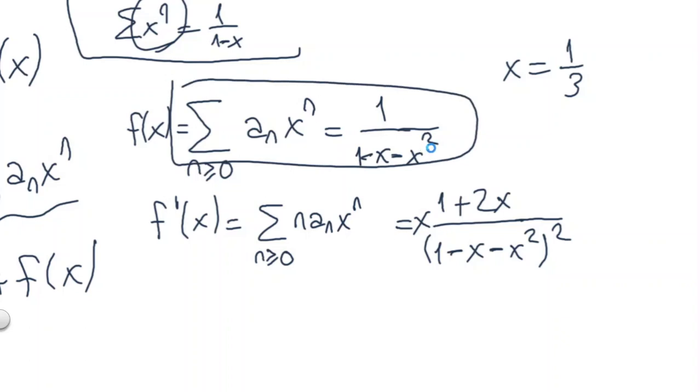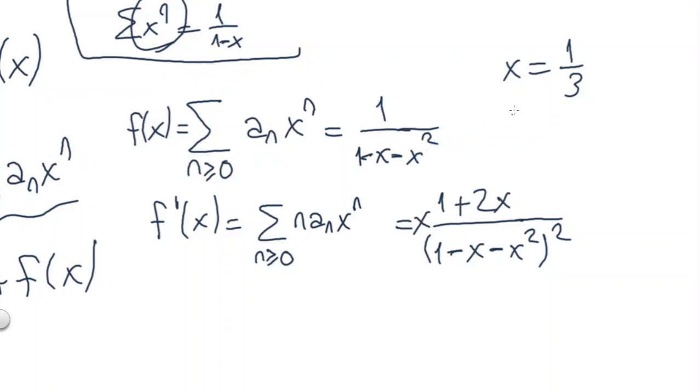When will this be convergent? Well, this is almost like 1 over 1 minus x, right? So this is in the form of 1 over 1 minus something, x plus x squared. And so this thing will just be convergent if the absolute value of this thing is less than 1.